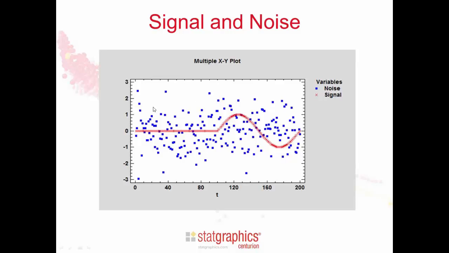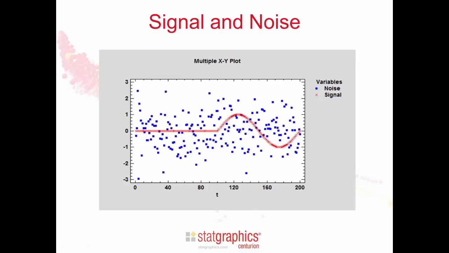I generated a column called noise, the blue points here, which were randomly generated from a normal distribution. I then generated a second column, which was 0 for the first 100 time periods, and then for the next 100 time periods followed a sine wave with a specific period.